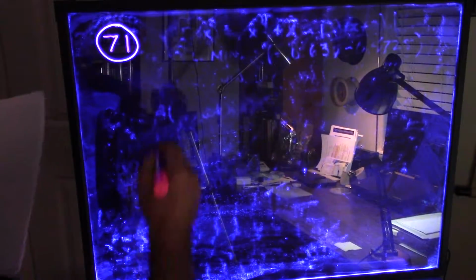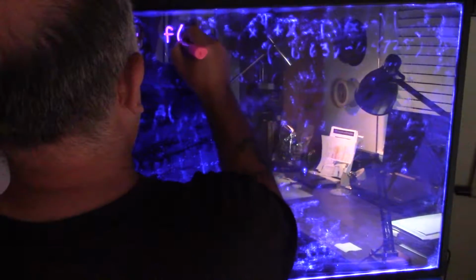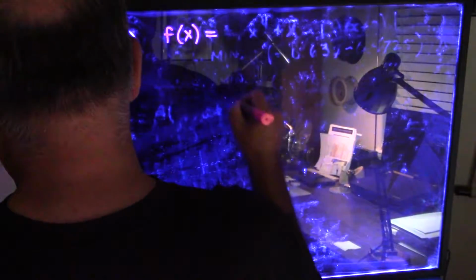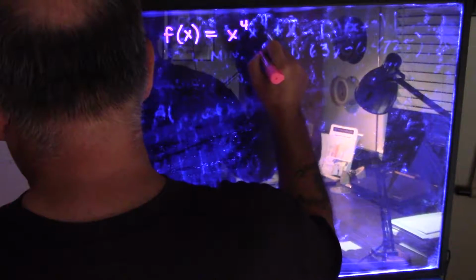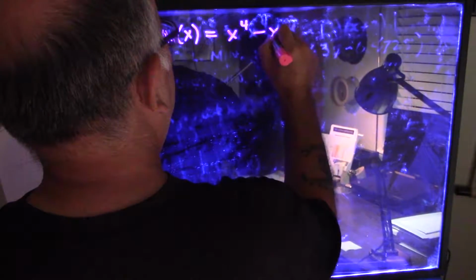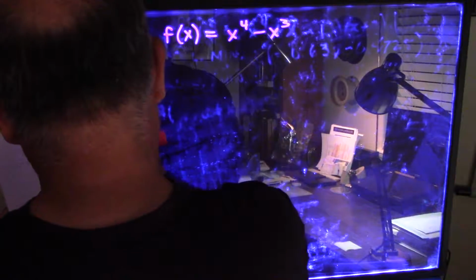Number 71, we have f of x is equal to x to the fourth minus x cubed plus 1.